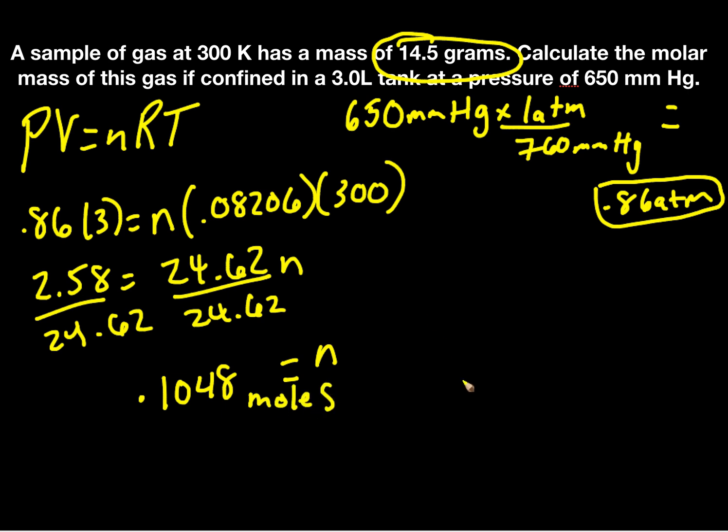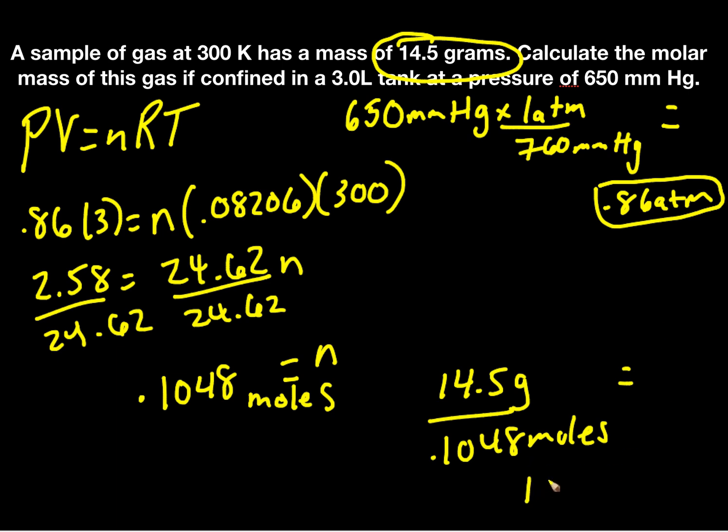So now we have 14.5 grams divided by 0.1048 moles. So we divide these two numbers, and we get our molar mass of around 138.36 grams per mole.